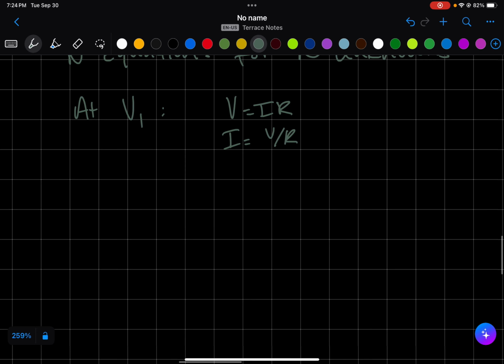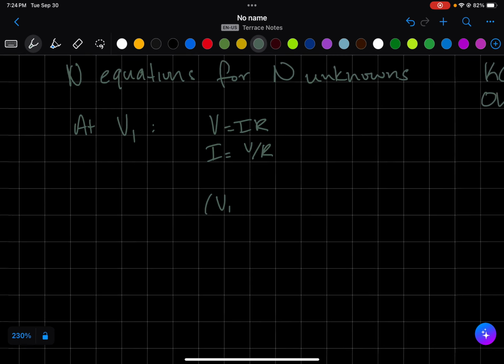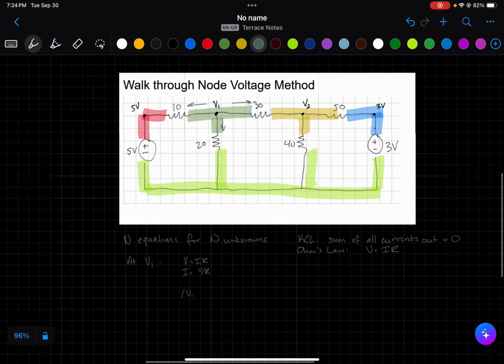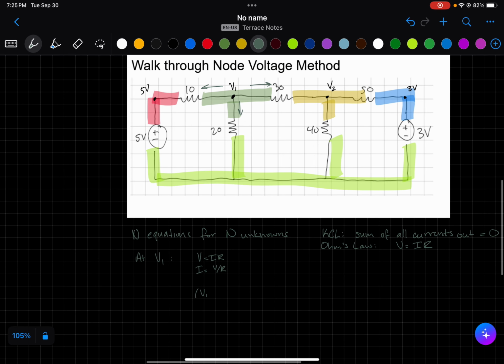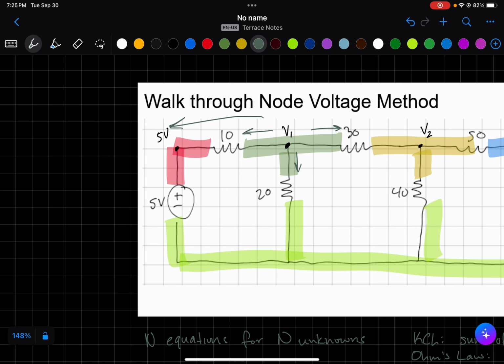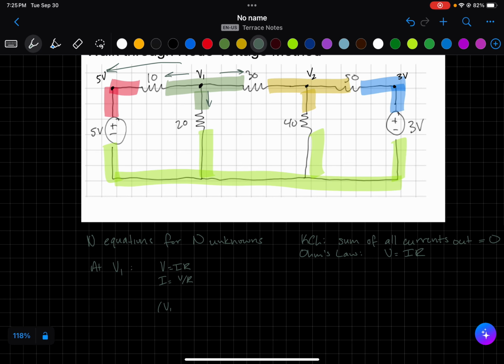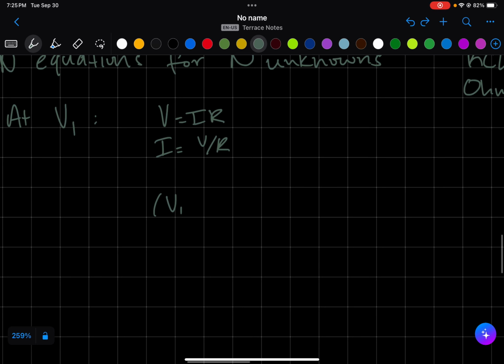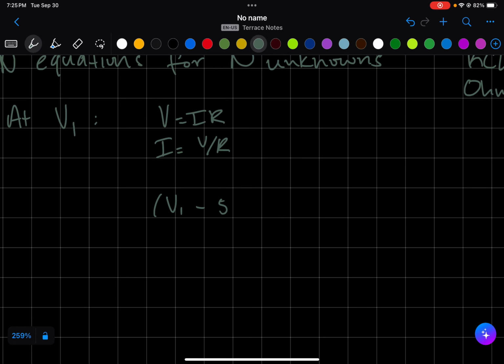So V1, since the currents are coming out of node V1 to 5 volts to that node right there, we will be subtracting it like this.